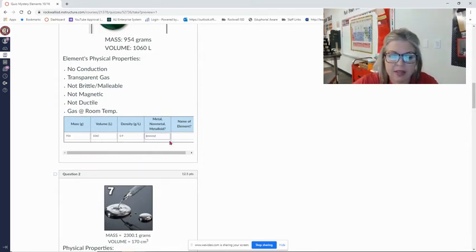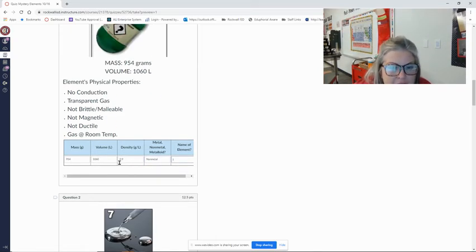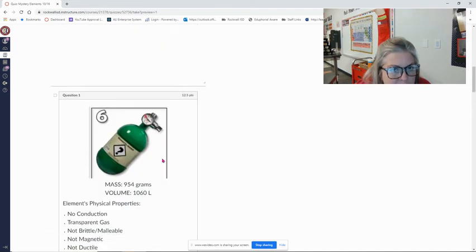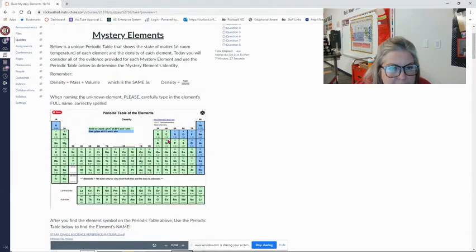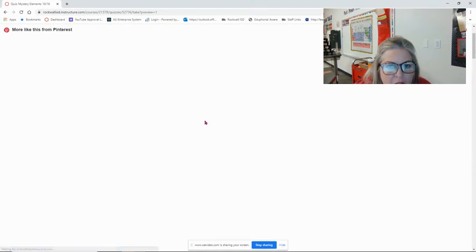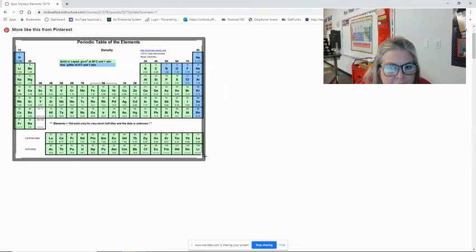And then finally, my last step is to identify what the name of this element is. It has a density of 0.9, and I know it's a non-metal. So I'm going to go to the periodic table, and I'm going to look at all the elements. I can't make this any bigger.